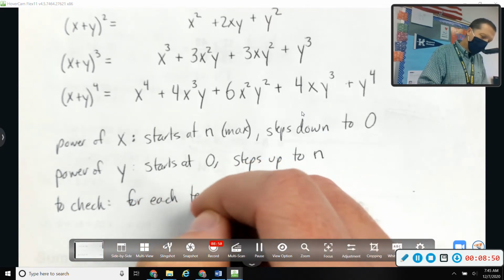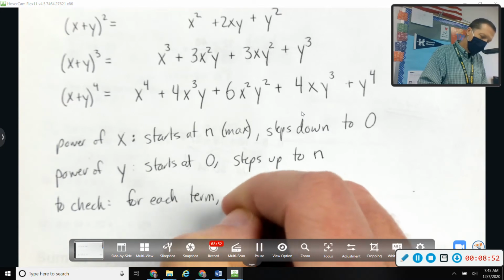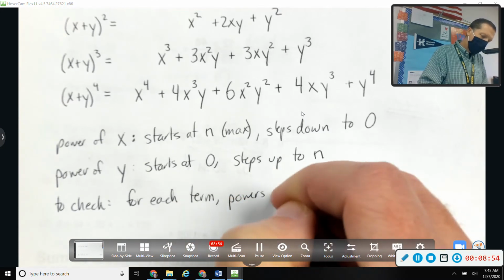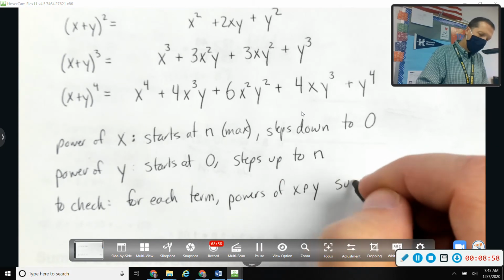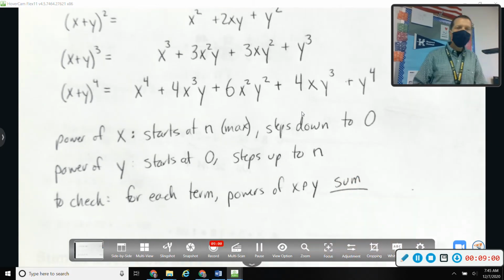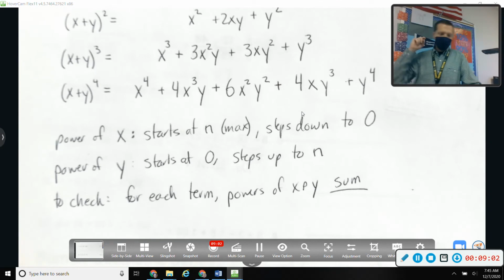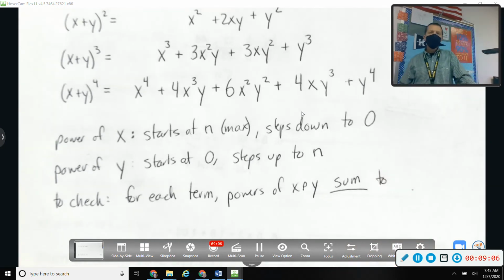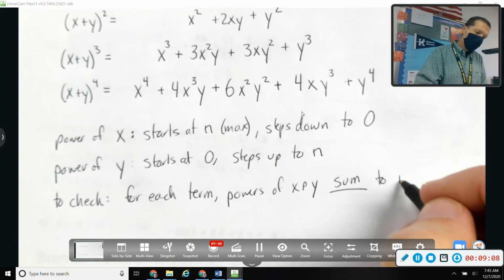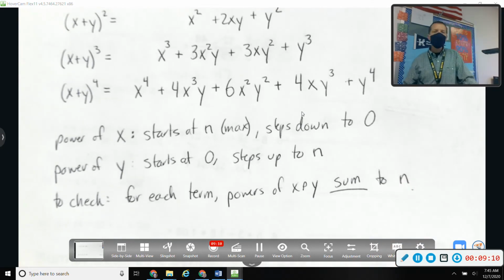For each term, the powers of x and y sum, or add, to n, whatever the main power of the problem is.